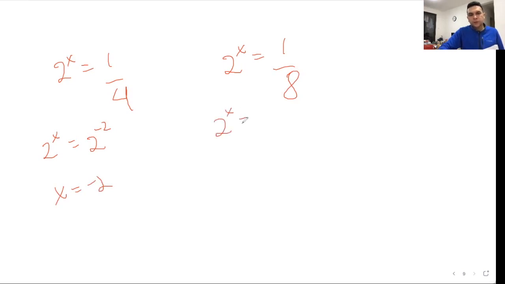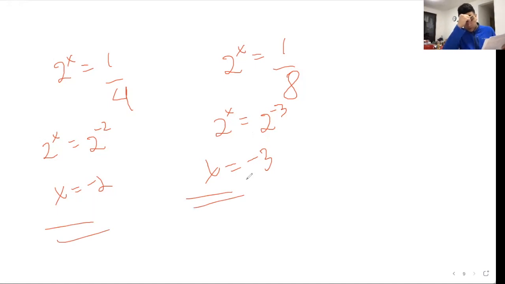This 2 to the x equals 2 to the negative 3, so x equals negative 3. Okay, that's it. These are the two answers for this one. You could use the quadratic equation also, and you should have gotten the same answers. x equals negative 2, x equals negative 3. And that's it.